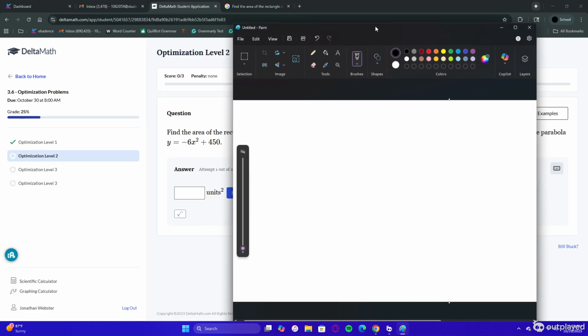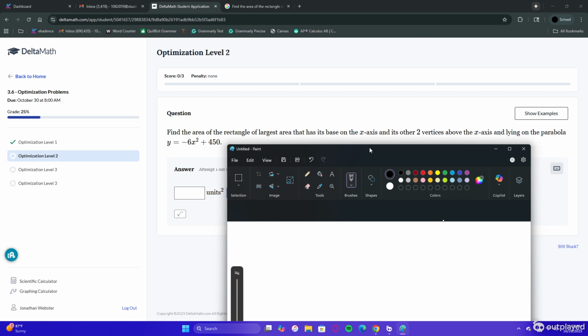Okay, so now we're given a question where it says find the area of the rectangle of the largest area that has its base on the x-axis and its two other vertices above the x-axis and lying on the parabola of y equals negative 6x squared plus 450.